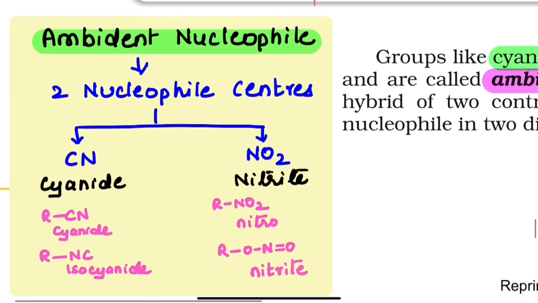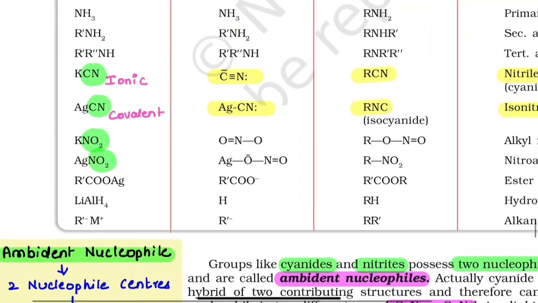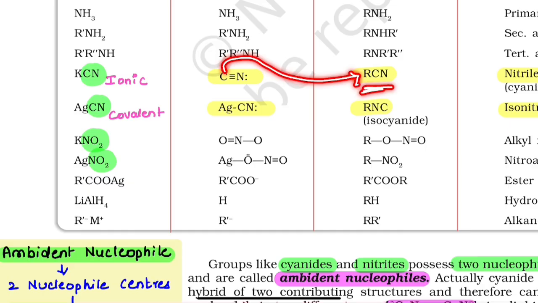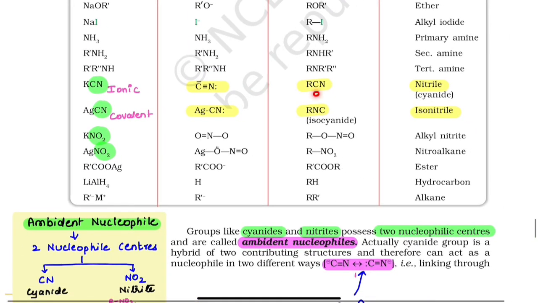So here you can see in the table, potassium cyanide is ionic in nature. Because of that, it will break as K plus and CN minus ion. So minus is present on carbon. Now here carbon is also electron rich and nitrogen is also electron rich. But carbon will attack R and it will form RCN. If CN is attached through carbon to the R group, it is called cyanide.